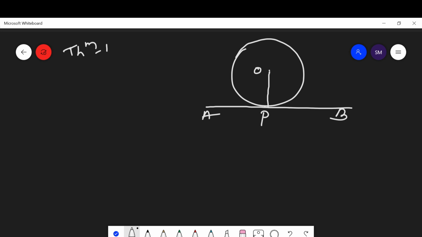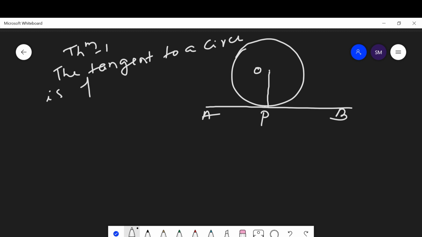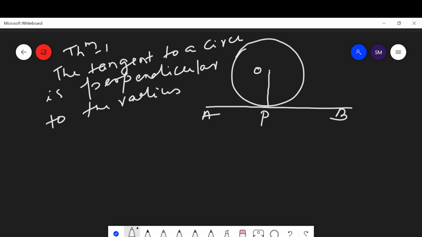Theorem 1 says a tangent to a circle is perpendicular to the radius through the point of contact.